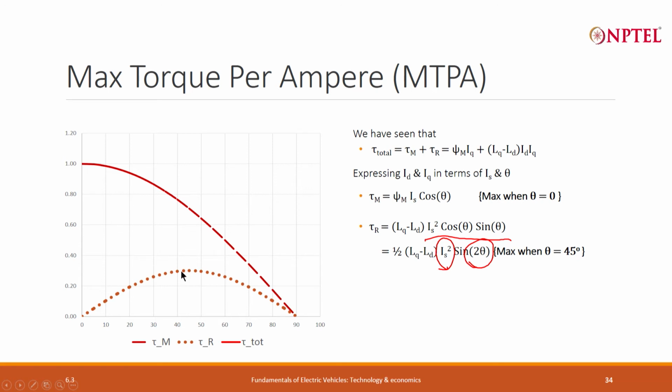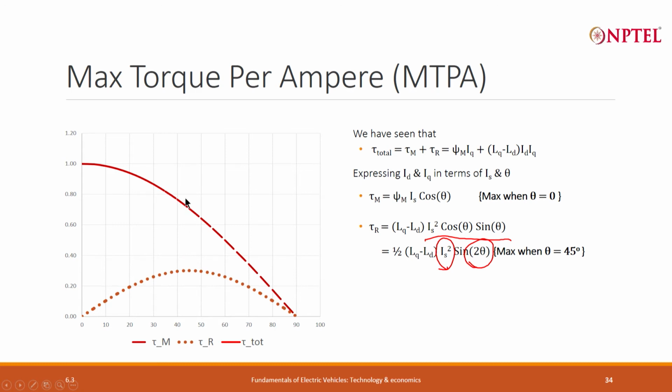If I try to maximize the reluctance torque, I will be here, this value is something between 0.2 and 0.4, and this value for that angle 45 degrees is something between 0.6 and 0.8. So, this is 0.7, this is 0.3, if I add it I will get 1, but actually I will not get 1, I am doing only approximate visual addition.